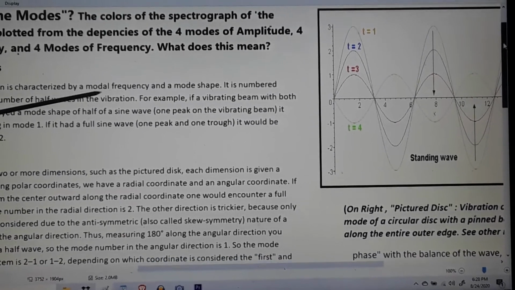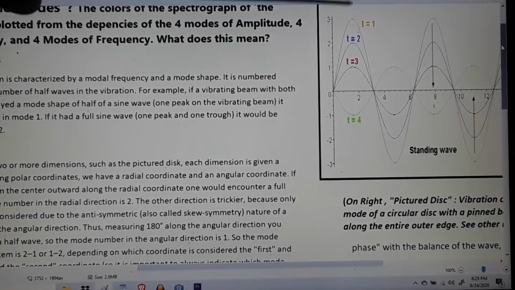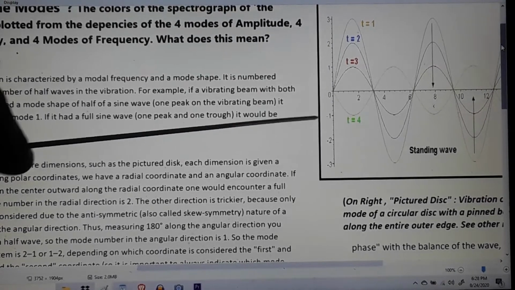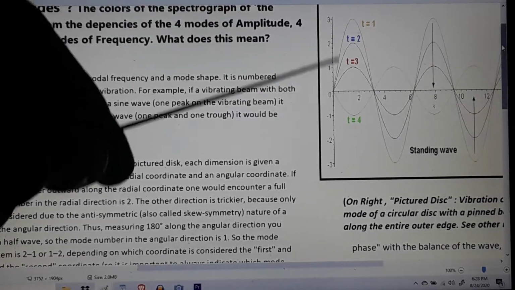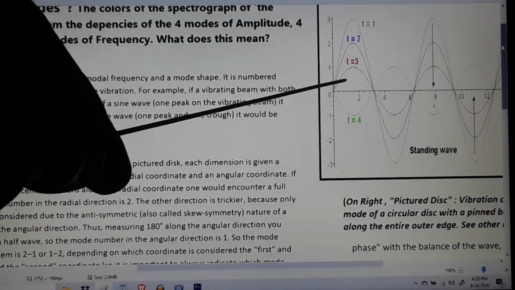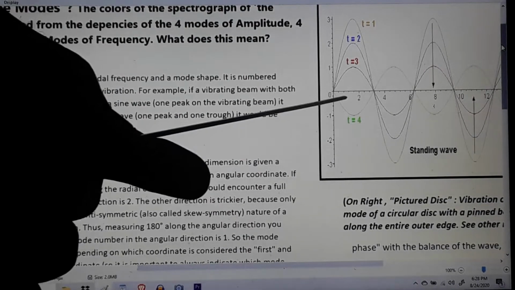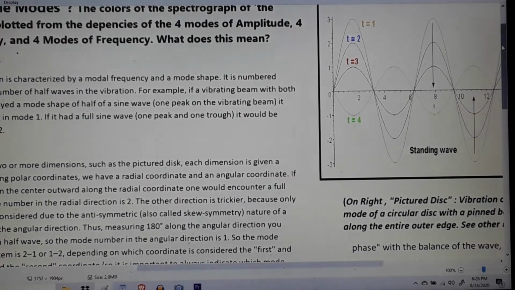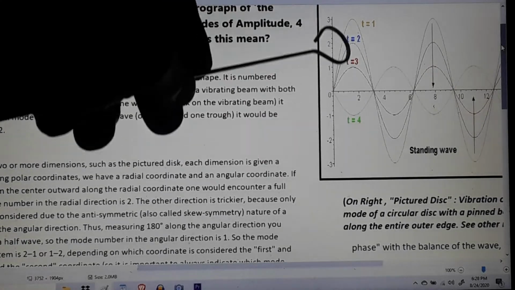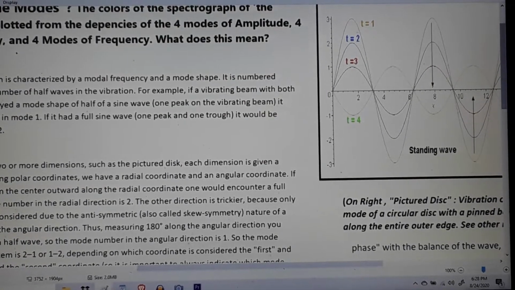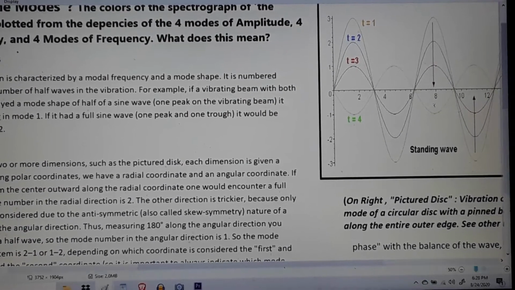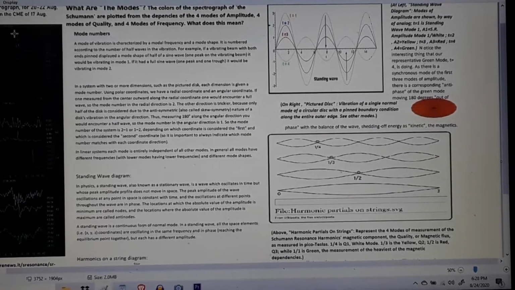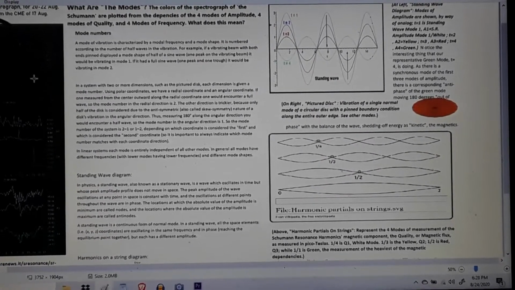Where we are at with this is matching up the color with the frequency, the wavelength. This is amplitude. It's showing you what a standing wave is, but this is the amplitude of our signal, which is, zoom out, right here.